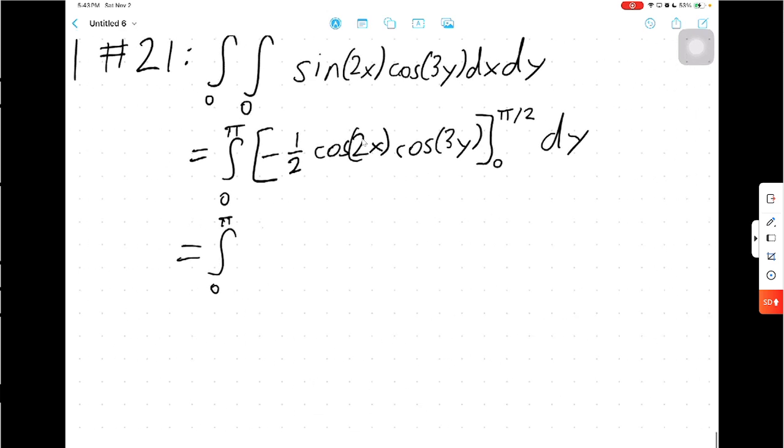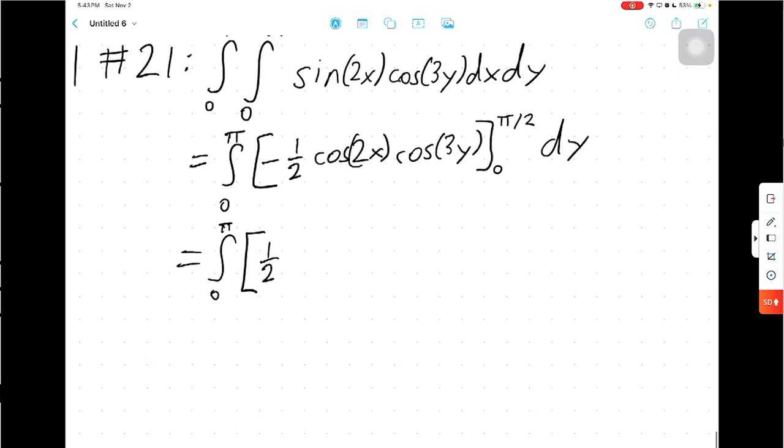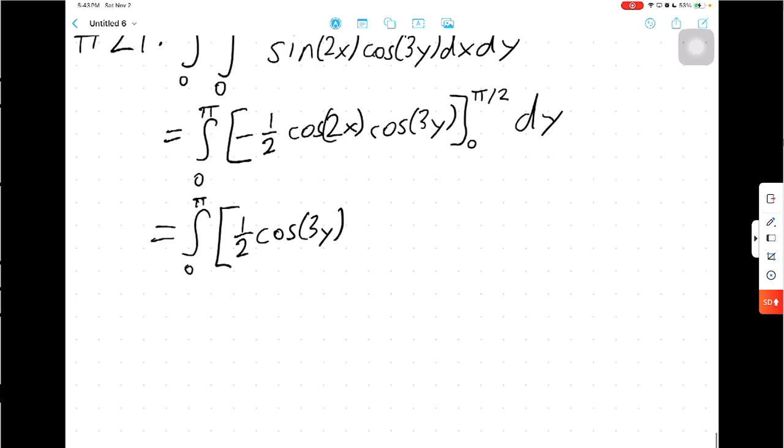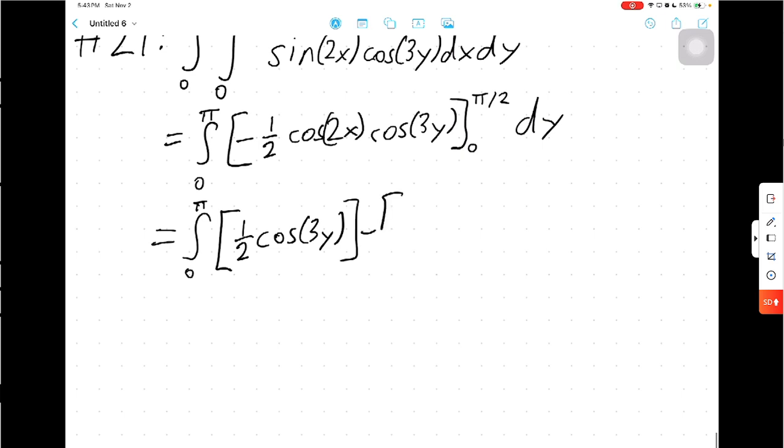So this one's going to be negative 1/2 cosine of pi. Cosine of pi is negative 1, so we're going to get 1/2. And then we also have times the cosine of 3y, it stays, it's a constant. Minus cosine of 0 is 1, so we're going to get negative 1/2 cosine of 3y.